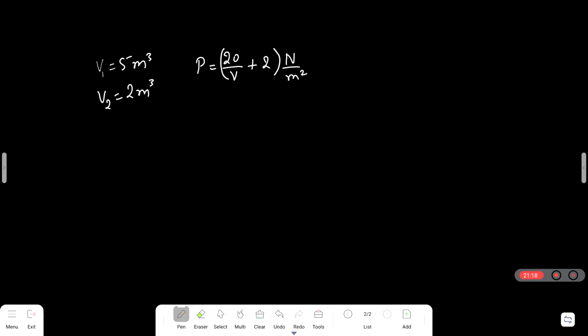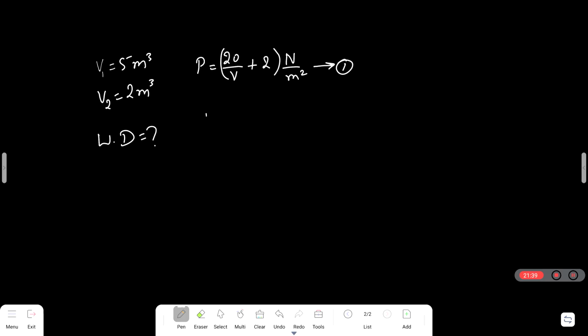So first thing, what is to be done? What is the task given? We need to calculate the work output. So substitute V1 into the given equation.